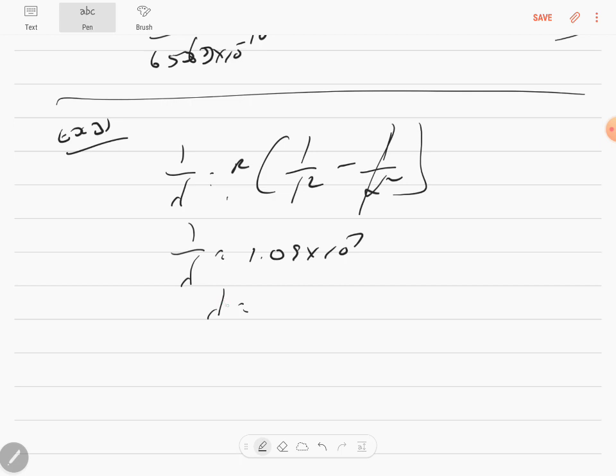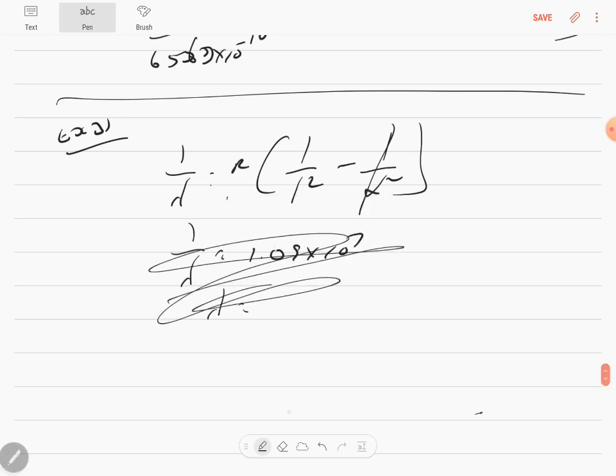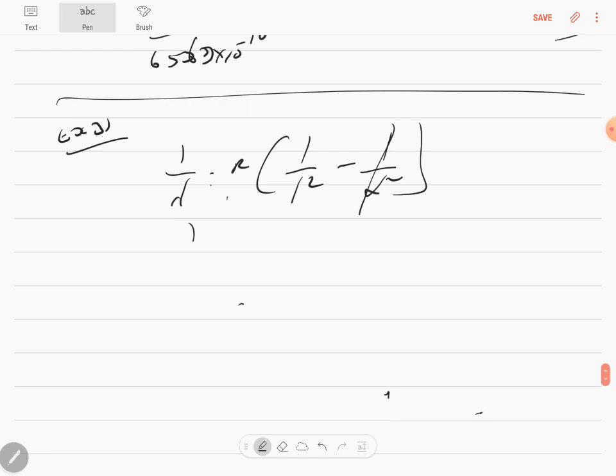Calculate the shortest wavelength limit for the Balmer series. Okay, so using this I have to do something. I know this has been given: 1 by lambda, which is 913.4 into 10 to the power minus 10, is equal to R by 1 square, which is R by 1.